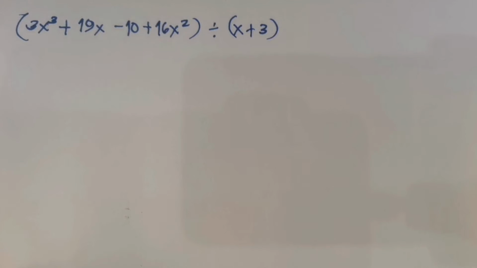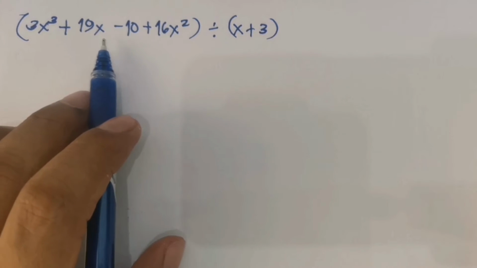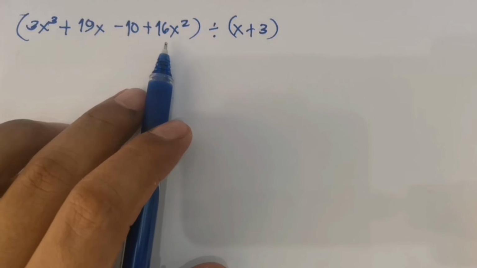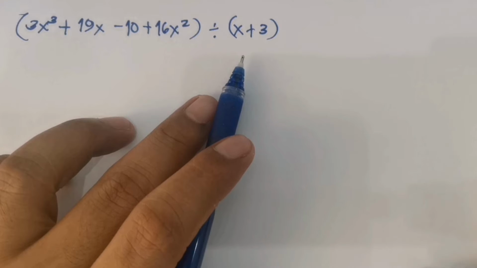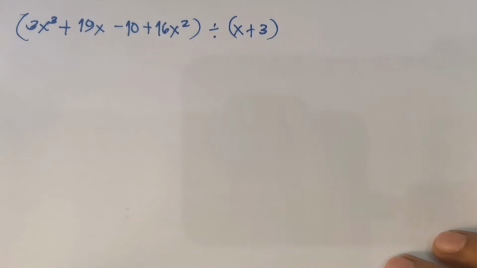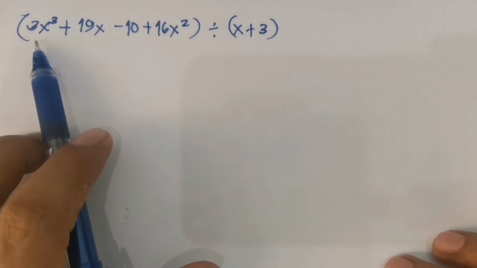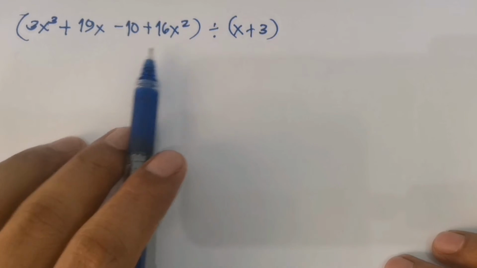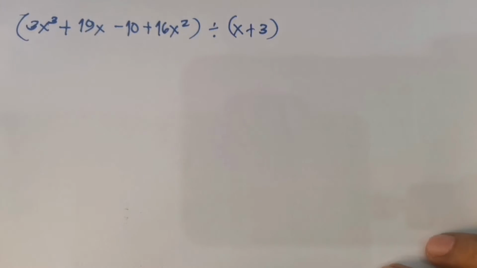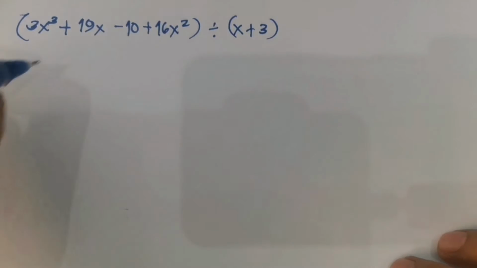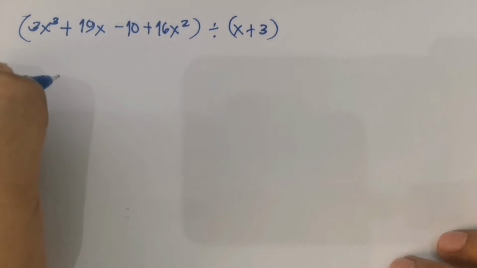Okay, example number 2. 3x cubed plus 19x minus 10 plus 16x squared divided by x plus 3. This time, when we look at this dividend or this polynomial, you will notice it's not arranged in decreasing order. So we will write this in decreasing order. First term still is 3x cubed.